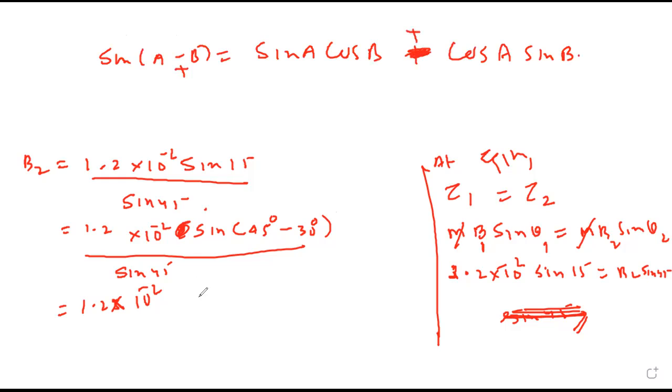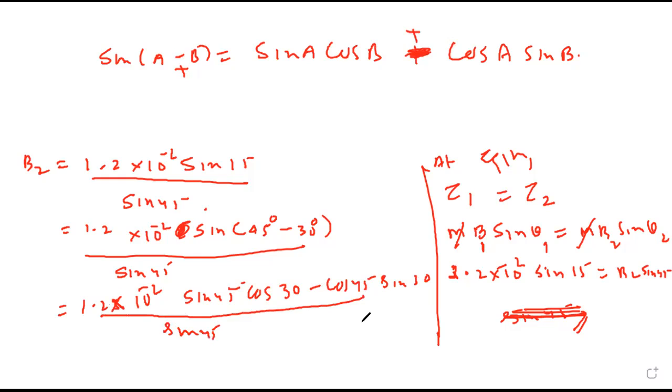So this is sin 45 cos 30 minus cos 45 sin 30 upon sin 45. Sin 45 and cos 45 both are same, so I can divide by sin 45, right? Yes, sir. Assume it to be taken outside.